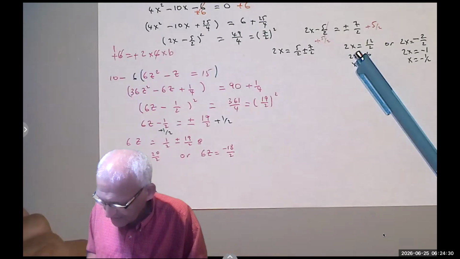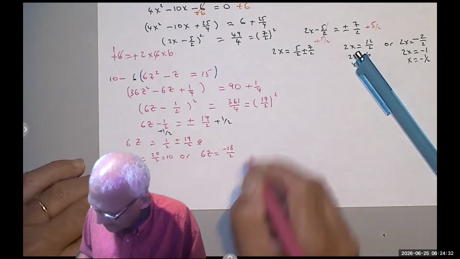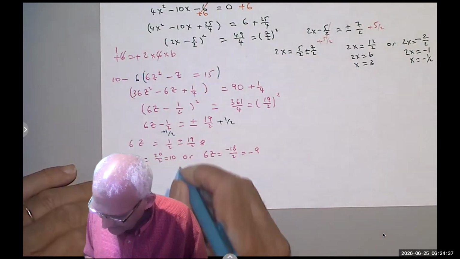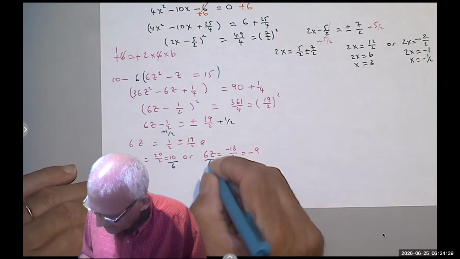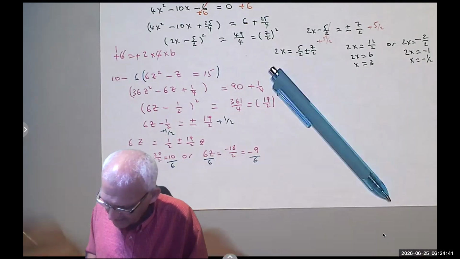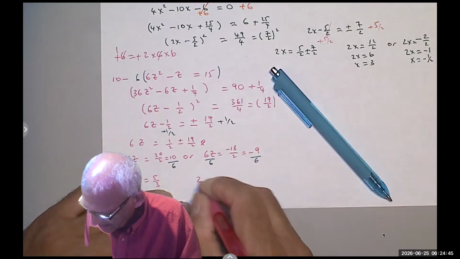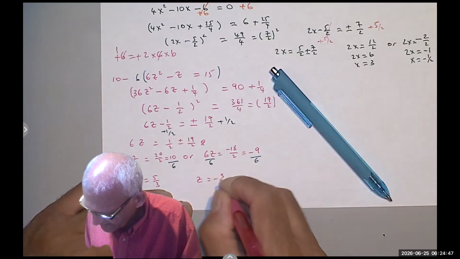I divide both, so this is 10, this is negative 9. Dividing by 6 and dividing by 6, I get z equals 5/3 or z equals negative 3 halves.